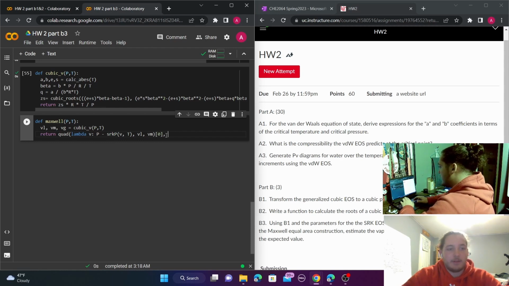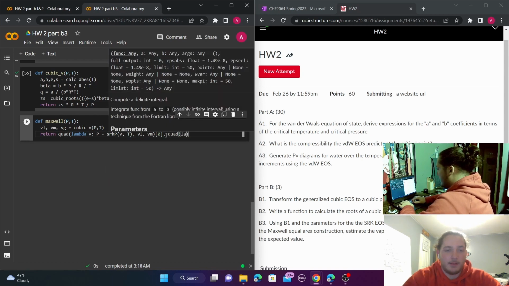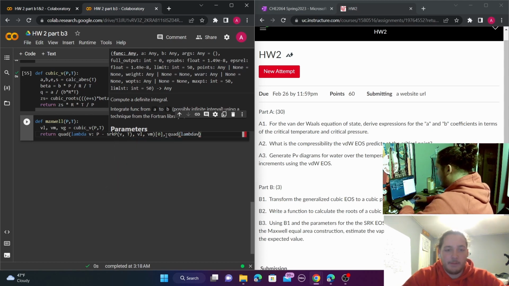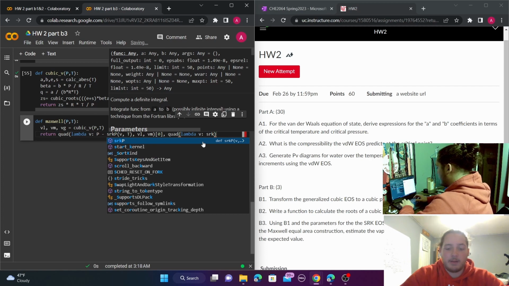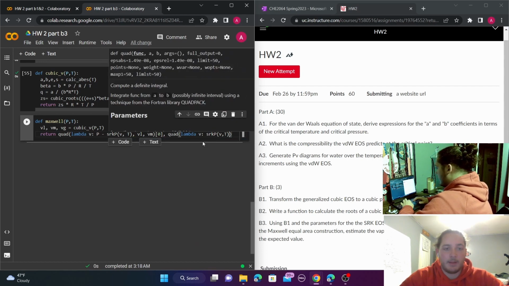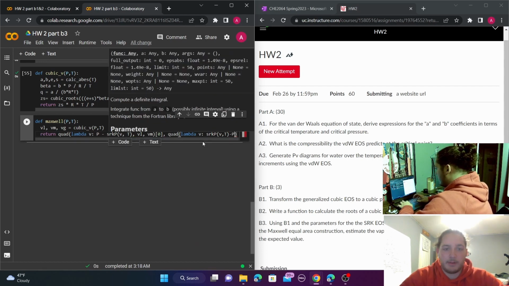And on the other side of our equation here, we are going to again have quad lambda v. And this time, instead of taking P minus our SRK, we are going to take SRK P of our volume and temperature minus our pressure.